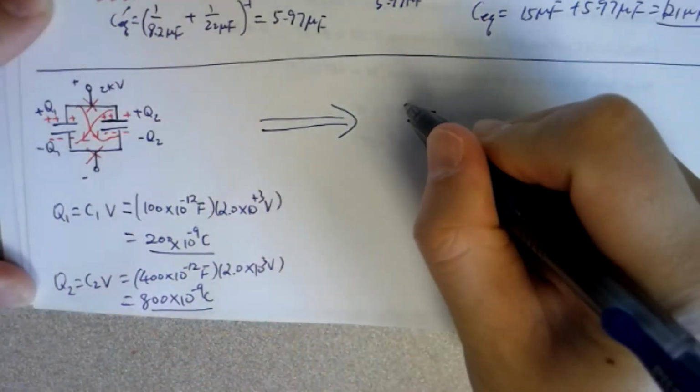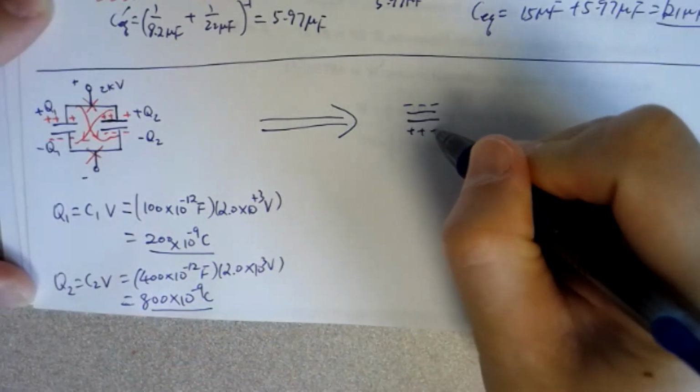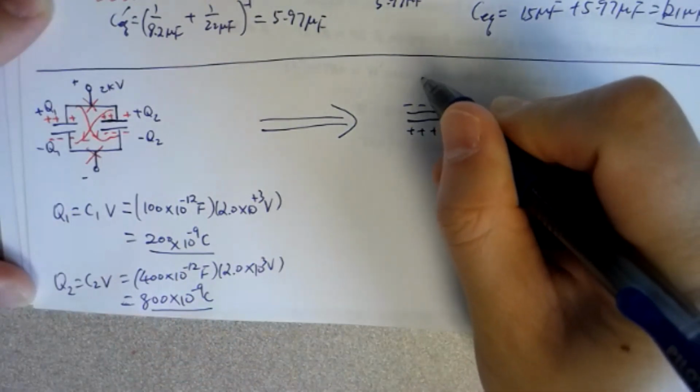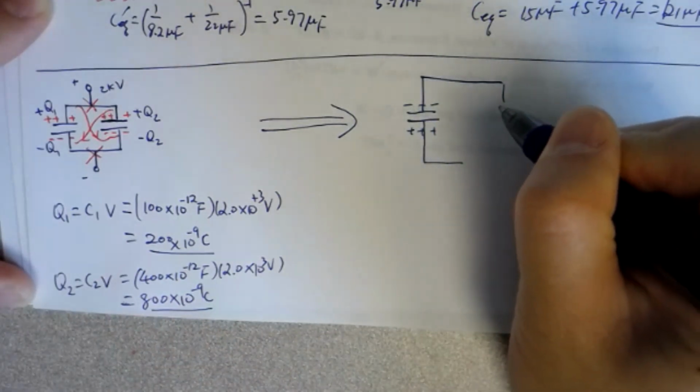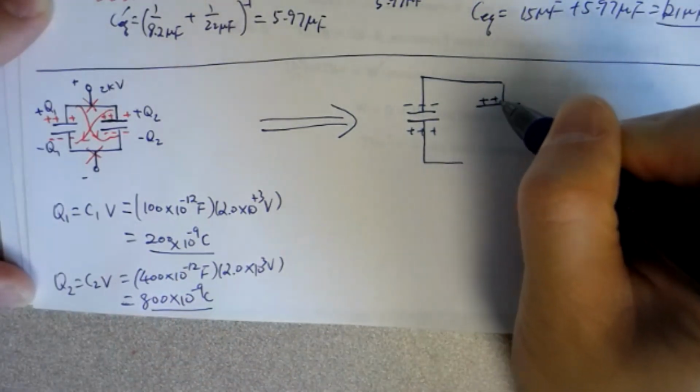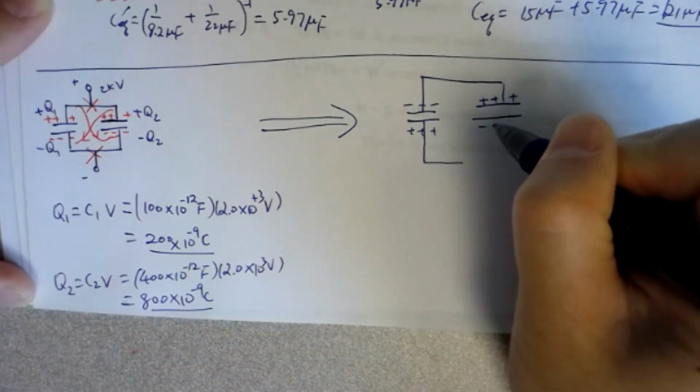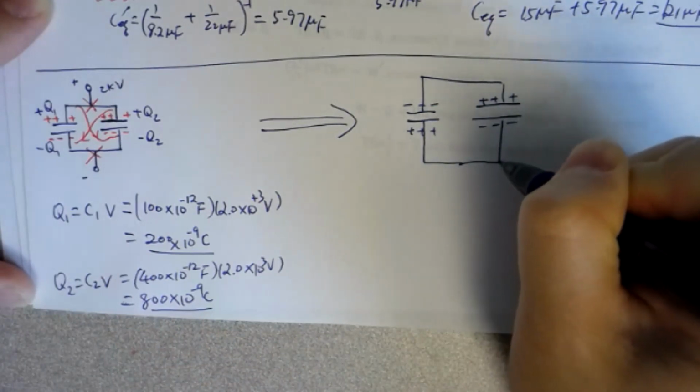Say I flip the first one, so minus minus and positive positive, and connect it to positive, positive, negative, negative.